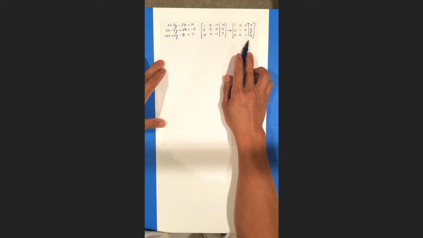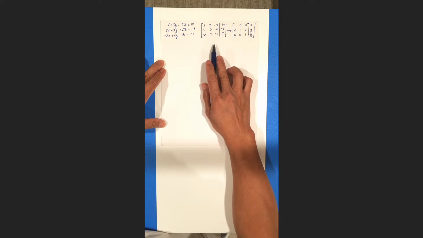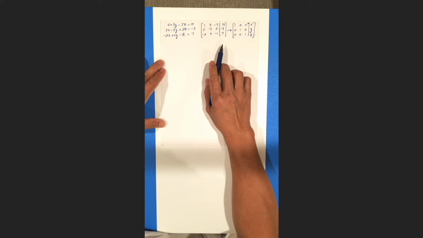All right, so ideally, that's what I want to do by taking rows, multiplying them, and adding them, and such like that. So let's start. And remember, it's very specific. You want to go in order, okay?